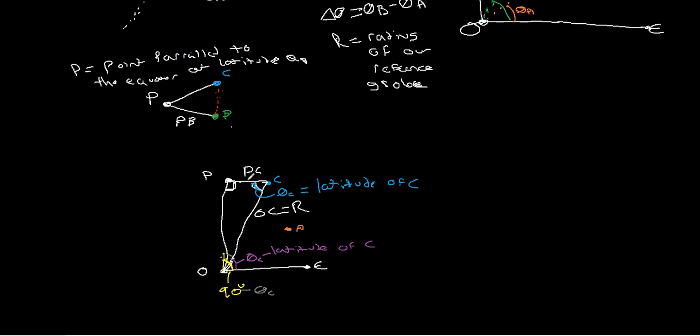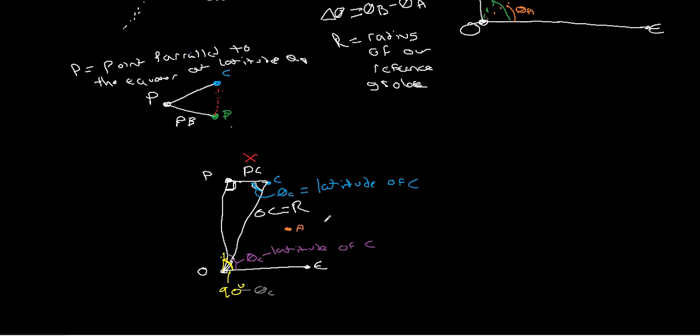Okay, so now that we have that in place, let's go back and think about what PC would be. This gets to that idea of solving for an unknown side that we did previously. We want PC, so I'm going to rename PC to be X. We want to know X, and we have an angle that is adjacent to it, and we have a hypotenuse, because R is the hypotenuse of the triangle. Adjacent and hypotenuse, we can go back to that SOHCAHTOA.